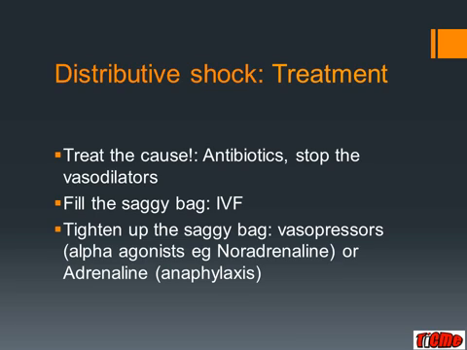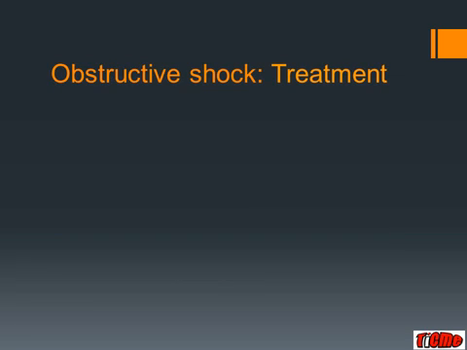And remember that alpha agonists are vasopressors because alpha receptors are in the peripheral vessels. Noradrenaline would be the archetype used as an infusion. Adrenaline will work for nearly everything, and it's particularly good in anaphylaxis because it's got the beta agonism as well for the lungs and for the heart, which will help the other features of anaphylaxis.